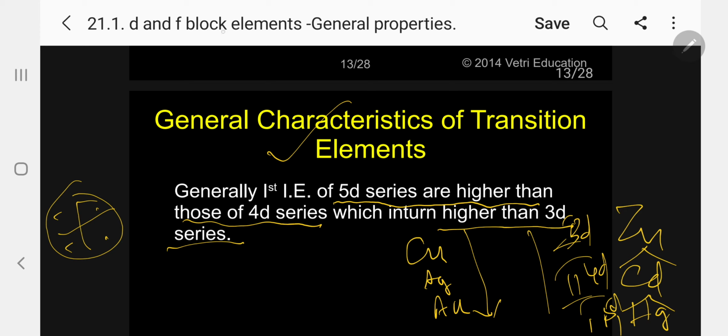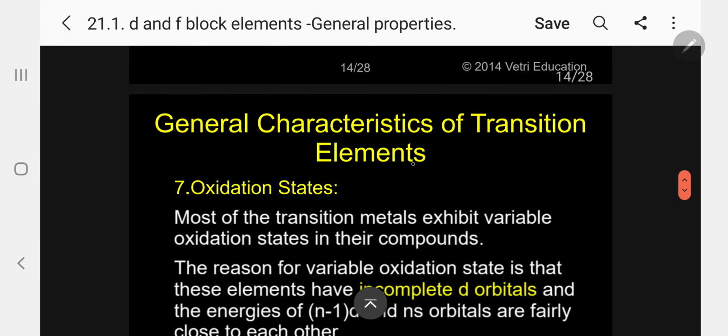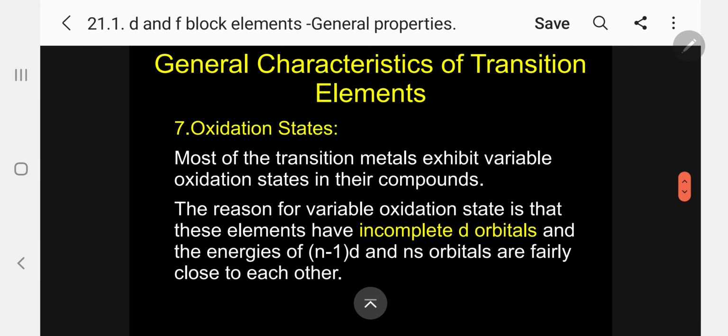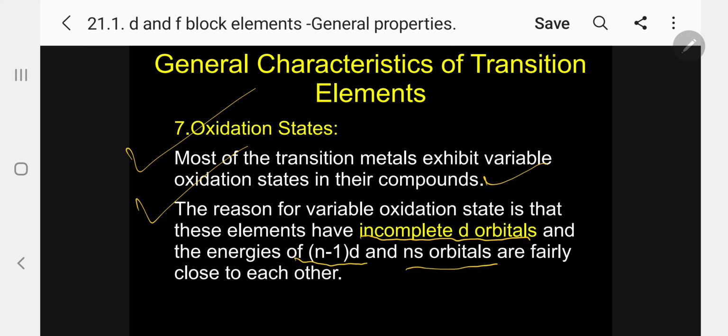Kindly follow. Next, let me go to oxidation state. Very important. Most of the transition metals exhibit variable oxidation states in their compounds. The reason is that these elements have incomplete d orbitals, and the energies of the (n-1)d and ns orbitals are fairly close to each other.